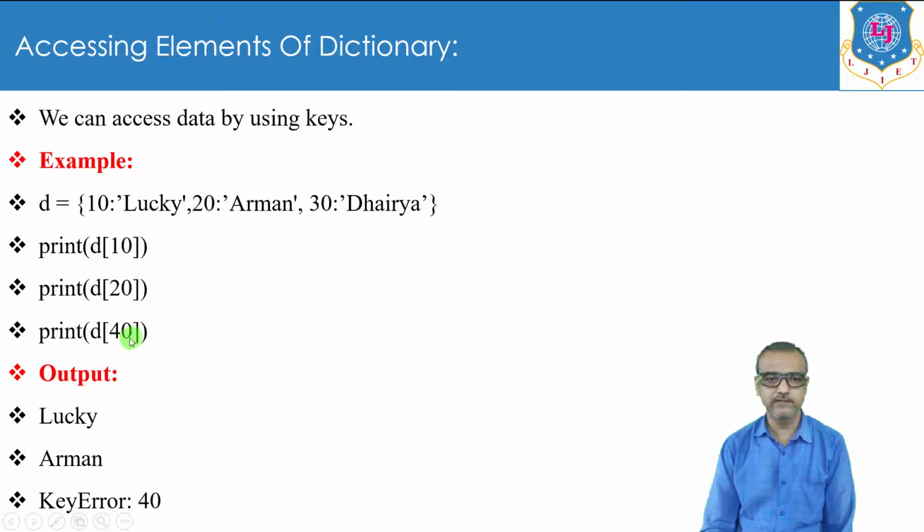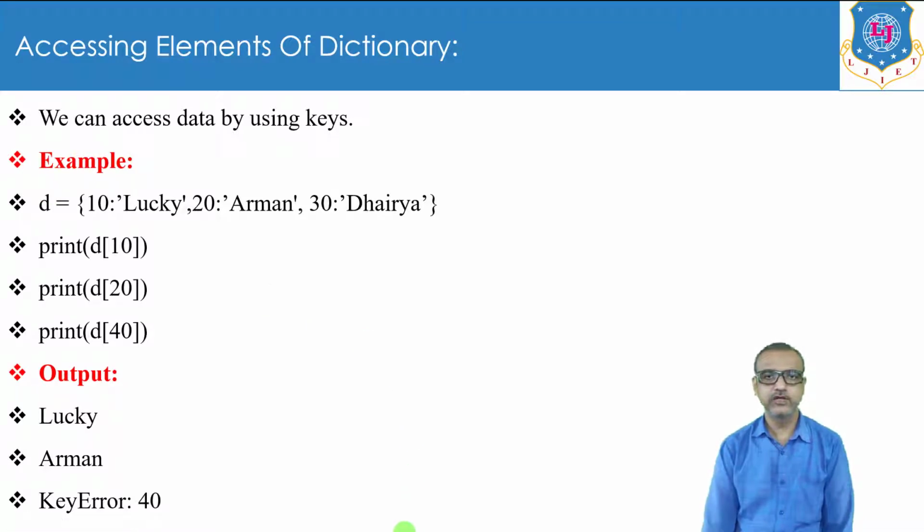So it will give us an error. So what will be the output in this case? For print of D of 10, it will give us Lucky. For print of D of 20, it will give us Arman. And finally, for print of D of 40, it will give us key error 40, as key number 40 is not present in dictionary D.